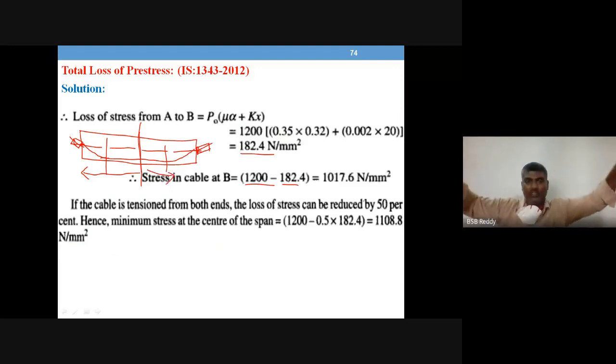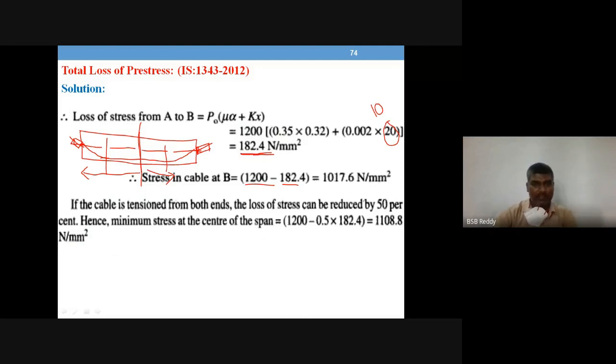So both the jacks are pulling. Friction happens from the middle to the end, which means only half the length comes into the picture. So the friction loss will become half, 50%.